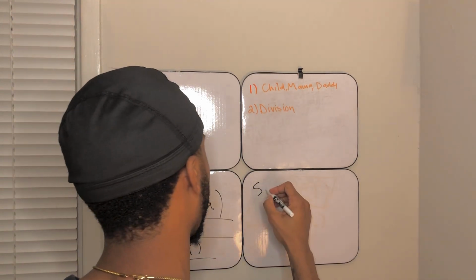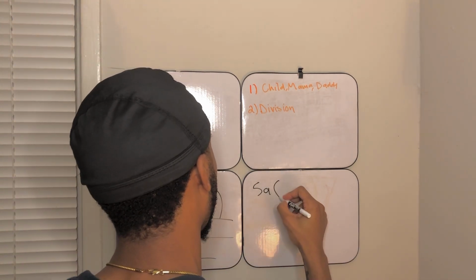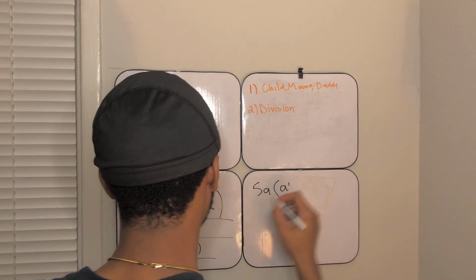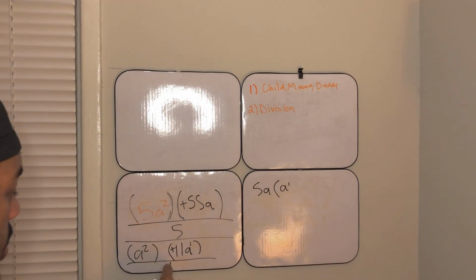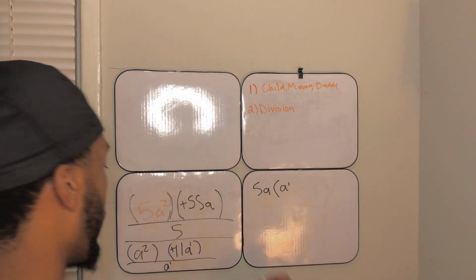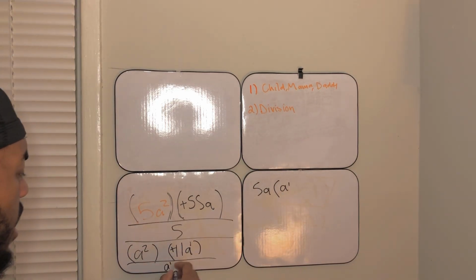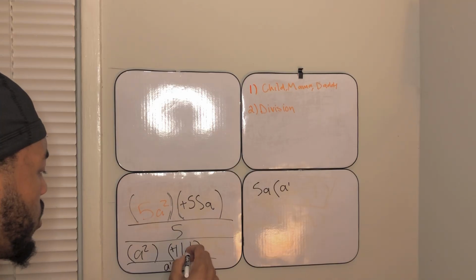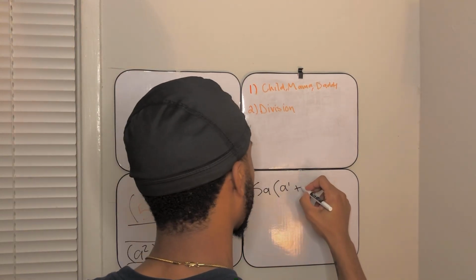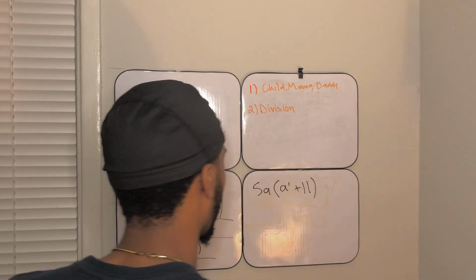Well, first, let's just put it right here. What we're left with over here is an a to the first power. When we take a squared divided by a to the first, what we're left with is a to the first power. And then when we divide a to the first by a to the first, that just cancels out. And what we got left over is positive 11.